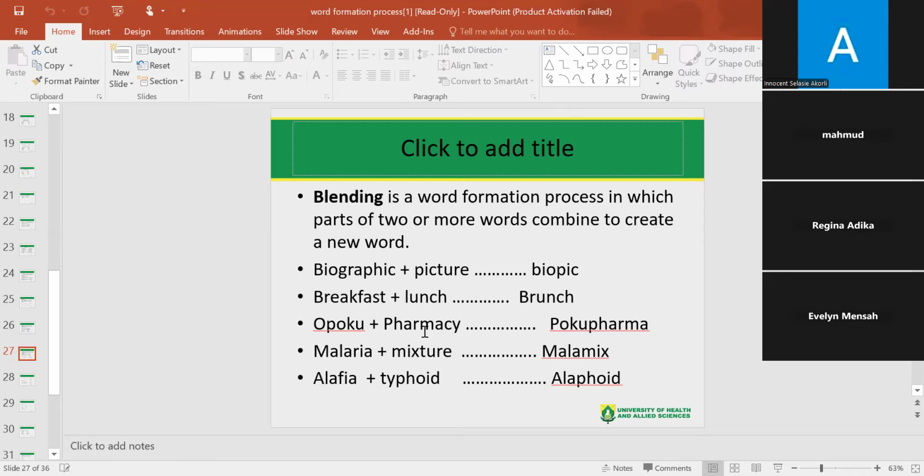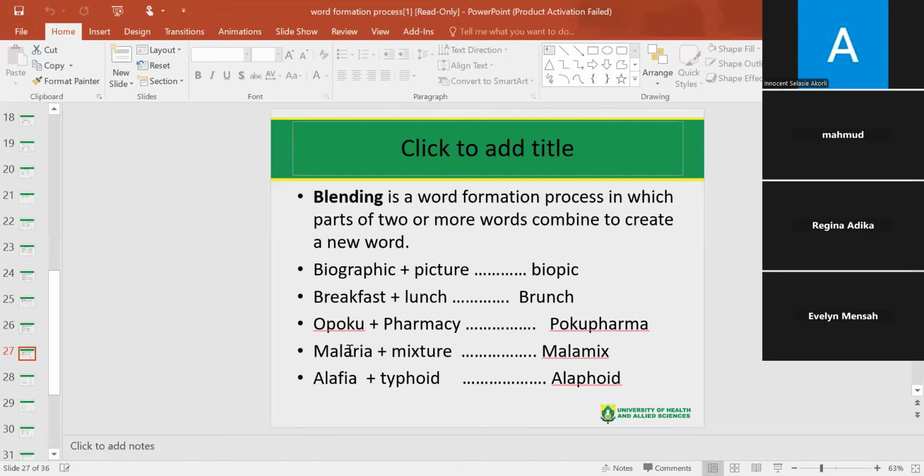There are very interesting examples here. Opoku plus farmer can give you Poku farmer, so it is not always the case that it is the beginning of the first word or the end of it. Sometimes the pattern changes. Malaria plus mixture can give you Malamix.